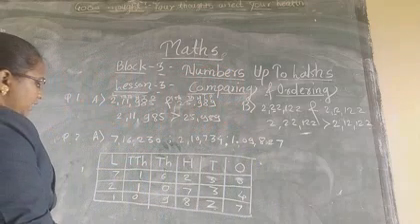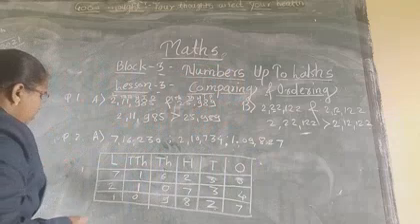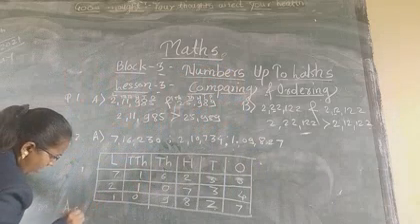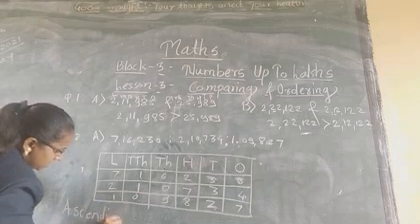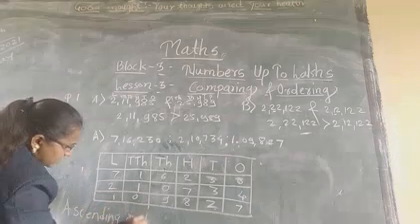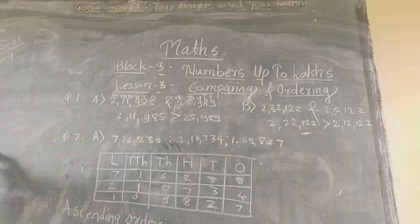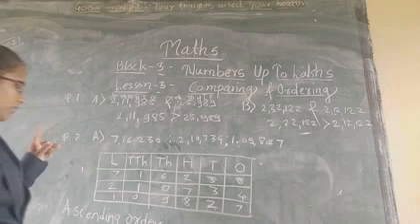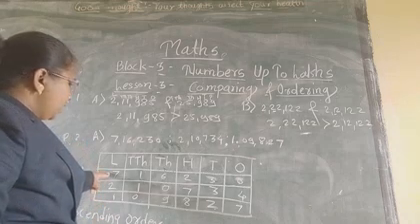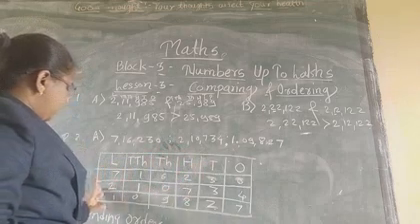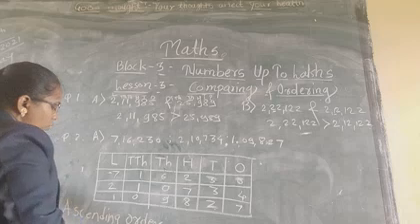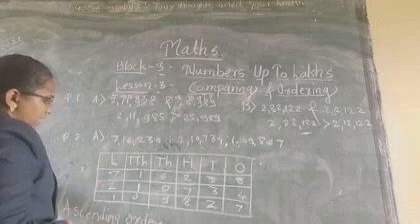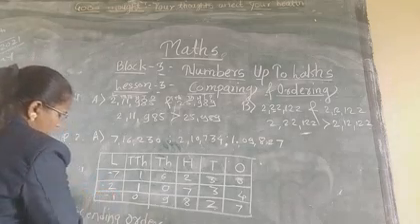In ascending order, first look at the lakh place of all numbers. 7 is greater than 2, and 2 lakh is greater than 1.